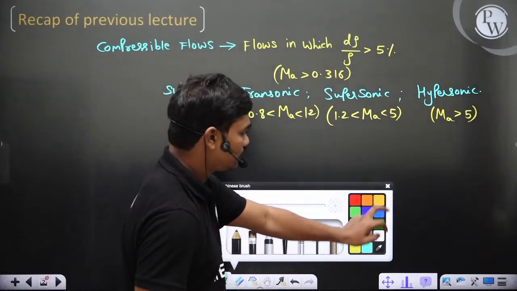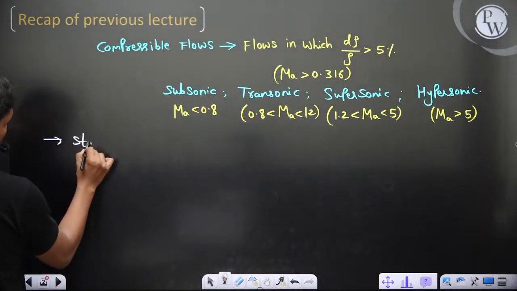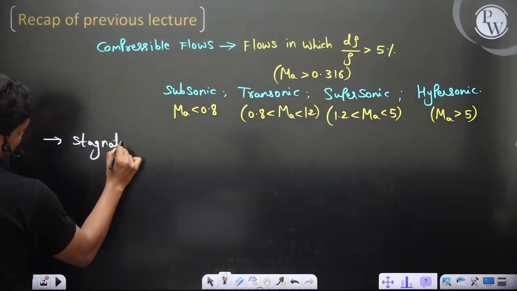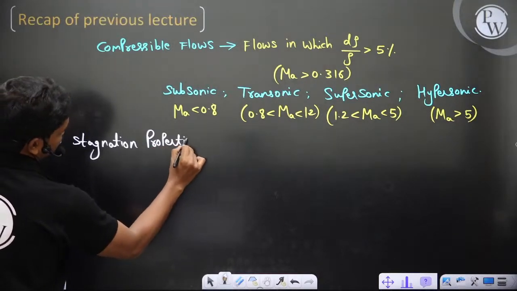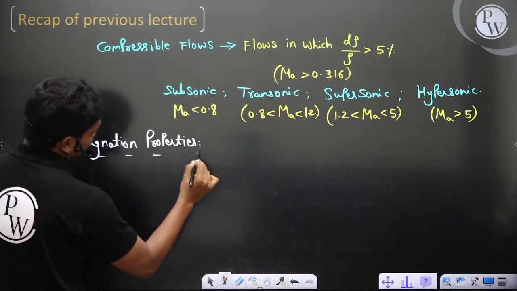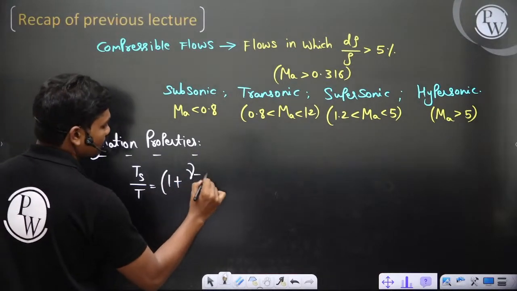In the last lecture we also discussed stagnation properties. Stagnation temperature by temperature at any location is 1 plus gamma minus 1 by 2 Mach square.